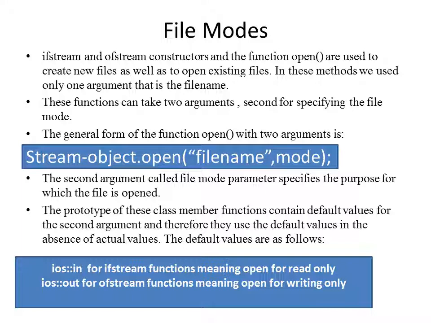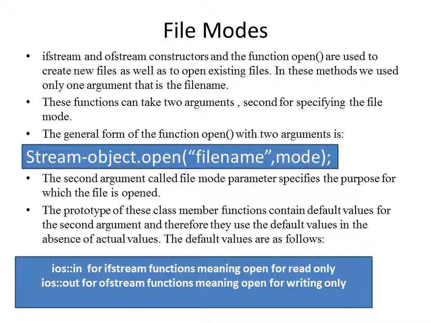By default, the mode for ifstream was ios scope resolution operator in, and for ofstream was ios scope resolution operator out. They were the default values. In the first blue box you can see the stream object like ifstream, ofstream dot open.